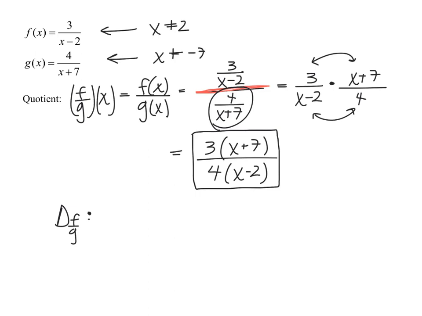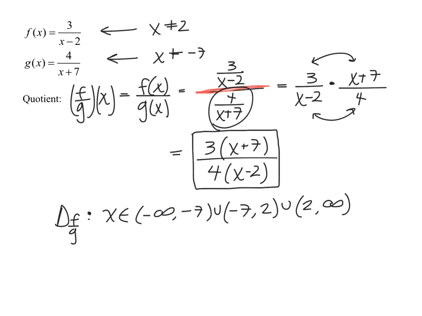So therefore, we're going to have to include both of those restrictions in the domain of f over g. So my domain will be all values of x from negative infinity to negative 7, and then from negative 7 to 2, and 2 to positive infinity.